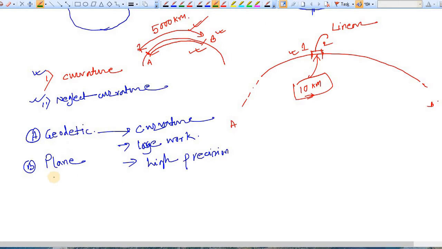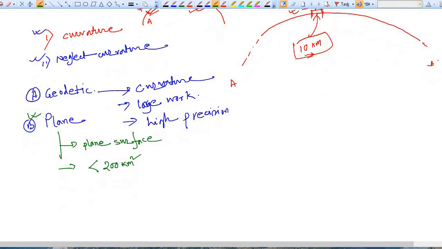Now what about plane surveying? Well, in plane surveying, we consider the Earth's surface as a plane surface. That means we neglect the curvature. This type of surveying is valid for less work or less area. Normally, when the work area is less than 200 square kilometer, we consider plane surveying.